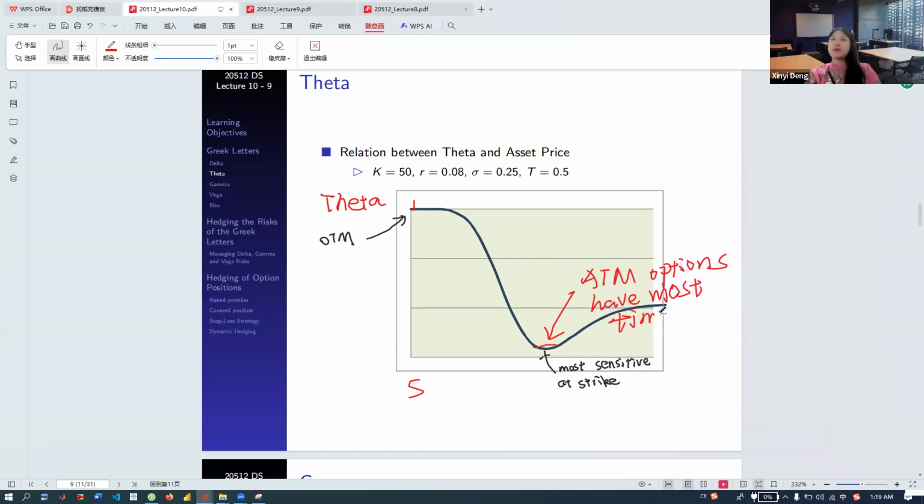Time value is a measurement of uncertainty in the future. Since at the money options have the highest uncertainty, they have the highest time value. And time value is definitely more responsive to t, compared to the intrinsic value. So at the money options have the most time value, so they are most sensitive to t.